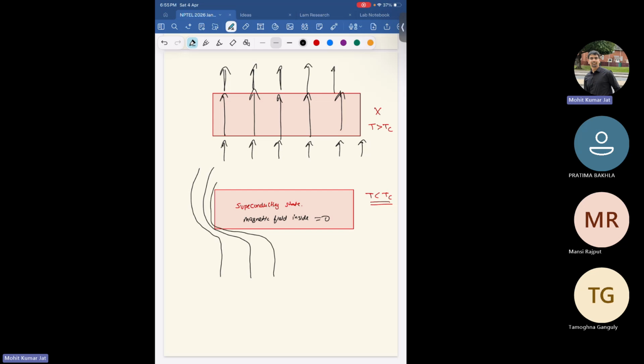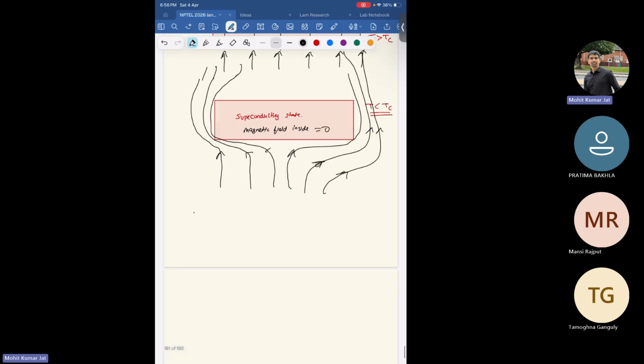They will of course not intersect each other, so forgive me for my drawings, but they will go like this. A superconductor is a perfect diamagnet, and this effect is known as the Meissner effect.